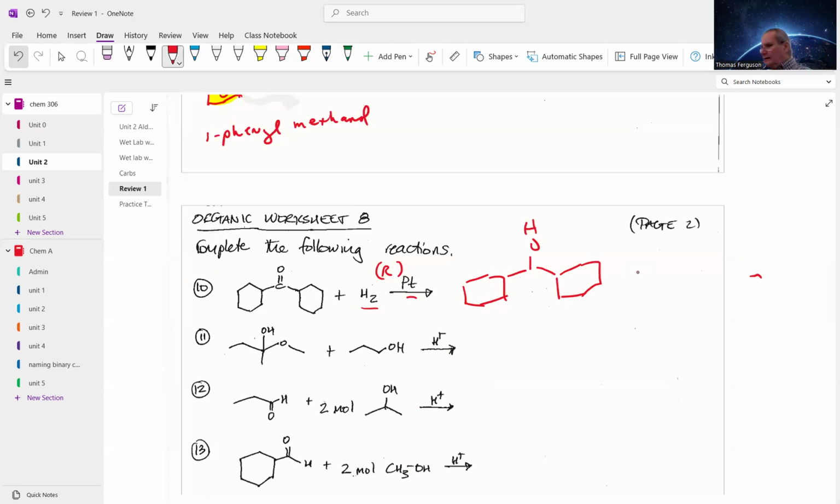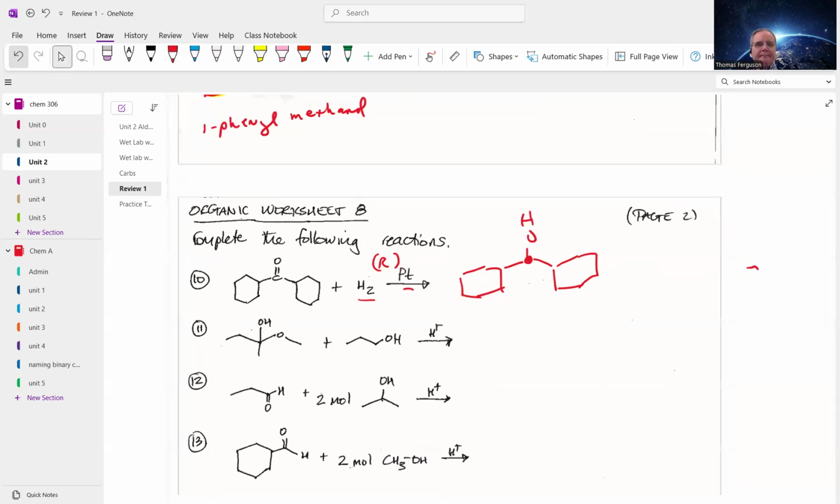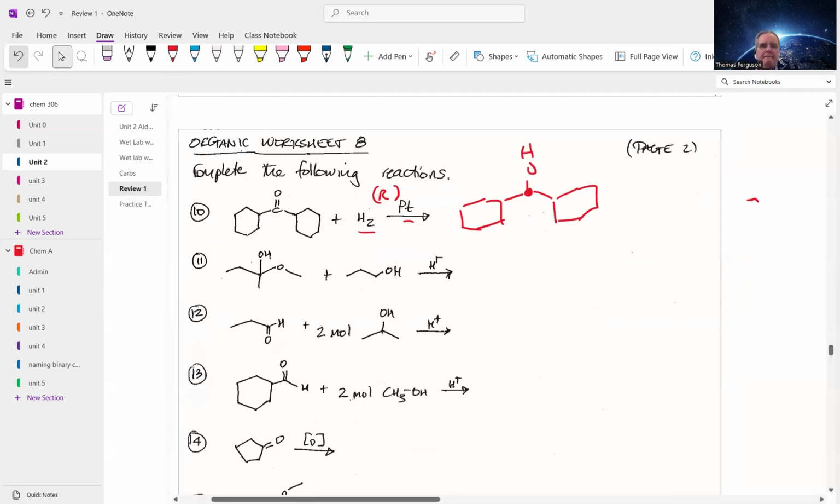Now that's a dicyclohexane substituted branches. Okay. Now, if we put this in an oxidative environment, would anything happen?